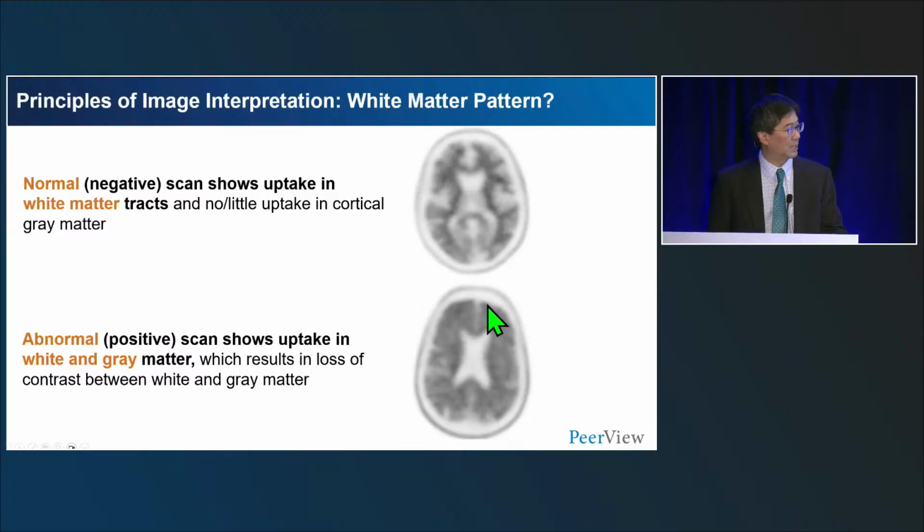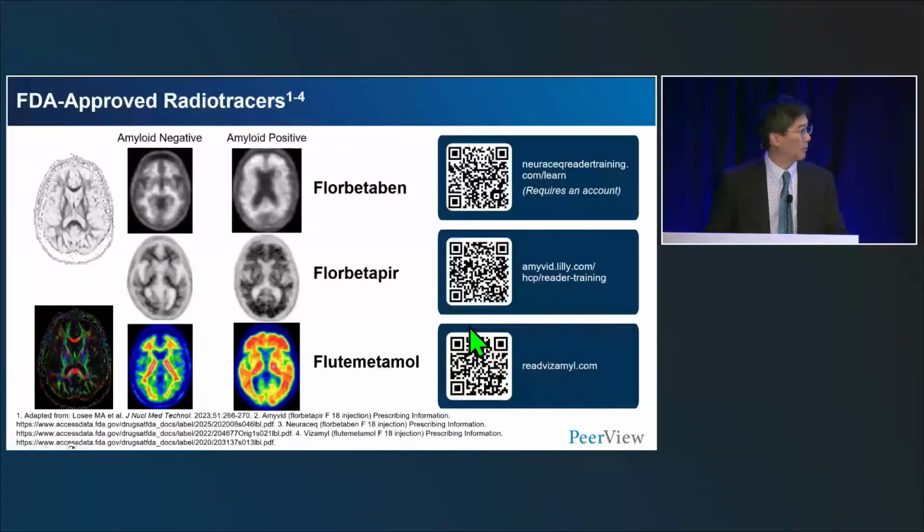And the activity at the periphery where your gray matter is just as intense as it is periventricular where your white matter is. Okay, so gray matter out here, just as much activity as you see with your white matter, so you can't make out that white matter pattern anymore. Again, there are 3 F18 approved tracers. They each have their own reader training methodology, which was designed by very intelligent people who had access to the neuropathological correlation.